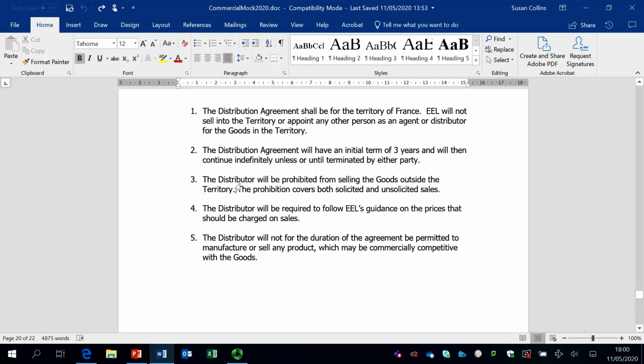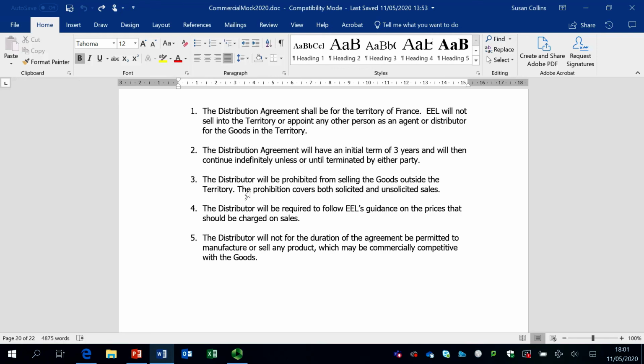Right. So this is too extensive at the moment and would render the agreement void. To bring it under the vertical restraints block exemption within permitted limits, you would need to narrow it down. No restrictions are allowed on passive selling at all.